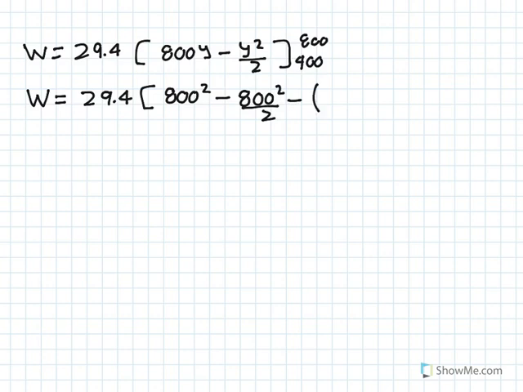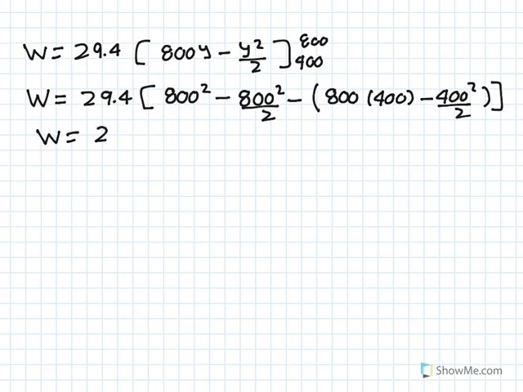Now put in the lower limit: 800 times 400 minus 400 squared divided by 2. Close off the brackets, and if we put this into a calculator, we get work is equal to 2352.123 joules. So this is the work required to lift the top half of the cable.